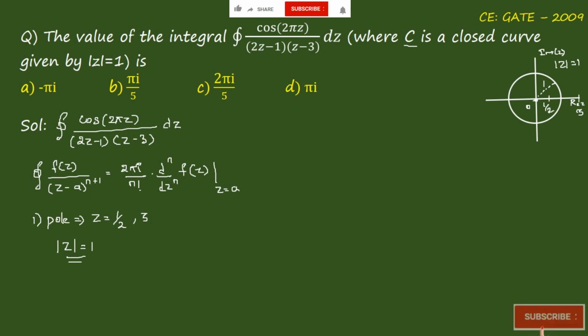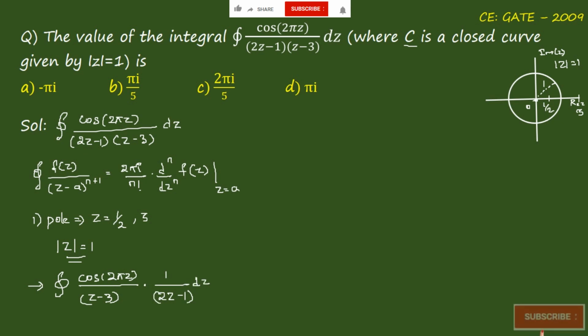So we will consider only 1 by 2 and substitute the values, right? On this one, we can write this particular equation as nothing but integral closed curve cos of 2 pi z by z minus 3 into 1 by 2z minus 1 dz, right?